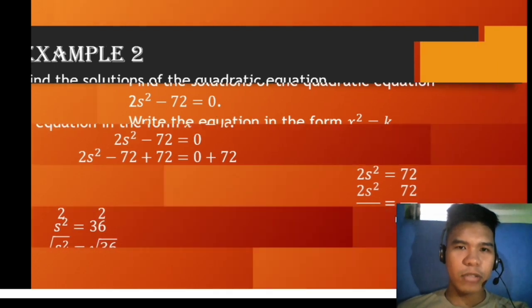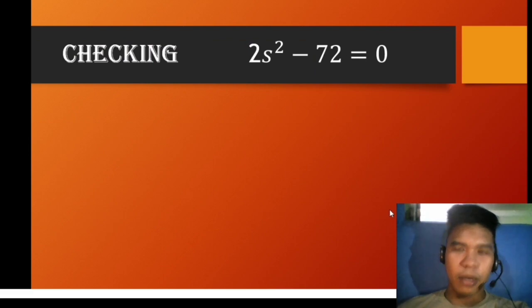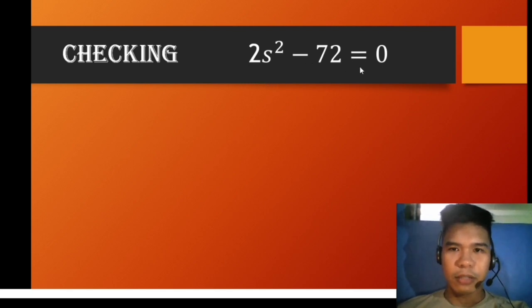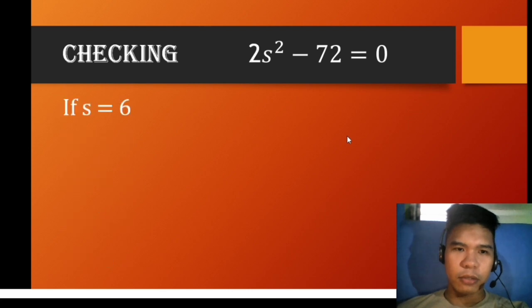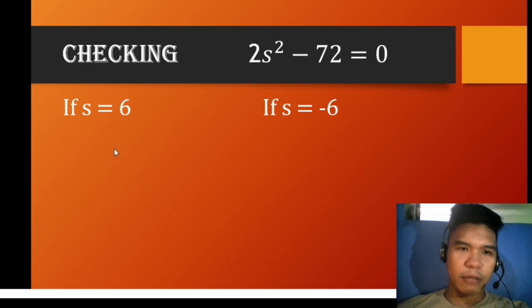So let us now check if the computed roots or solutions satisfy the original given, which is 2s squared minus 72 equal to 0. We have s equal to 6 and s equal to negative 6. Let's start with checking if the value of s is positive 6.